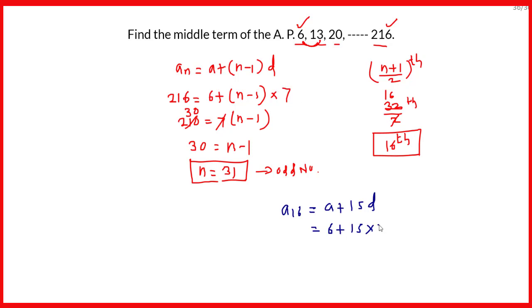Common difference we have calculated as 7. So it will be 6 plus 105. 15 sevens are 105, and therefore it will be 111, and therefore the required answer, that is the 16th term, is equal to 111. So highlight this 16th term as 111.